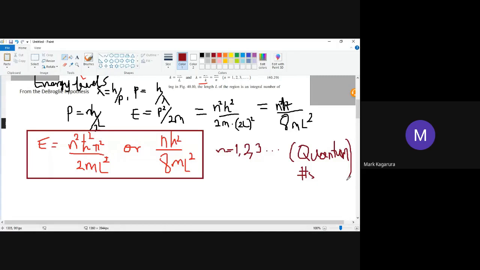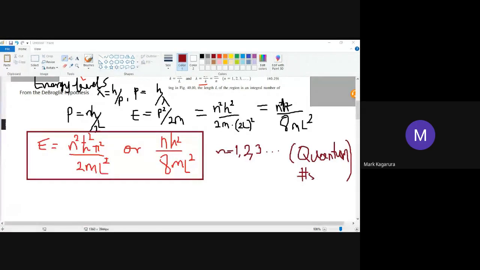Quantum numbers are used to indicate, among other things, the number of electrons in the well. Then the last bit we want to look at is normalization of that wave function.